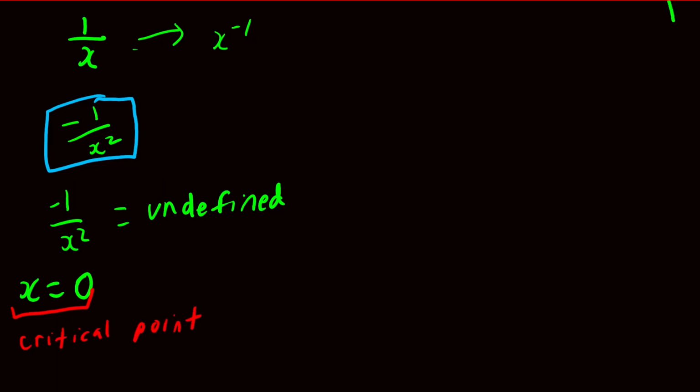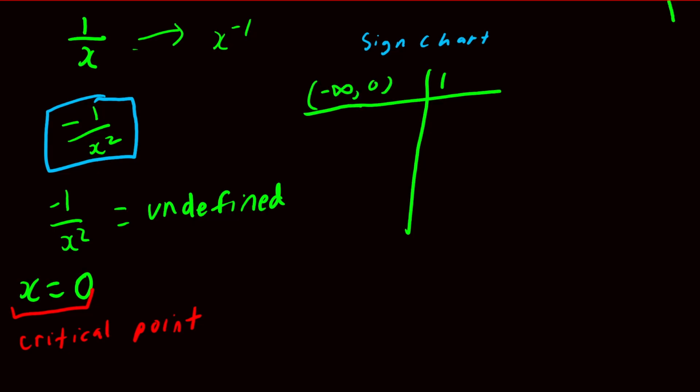All right, so now let's plug that into our sign chart. So x equals 0, we're going to put that into our domain and split it. So, 0 to infinity. Now, let's put in some big negative number, negative 100 billion. Negative 100 billion squared would become positive, but this negative up here makes it negative.